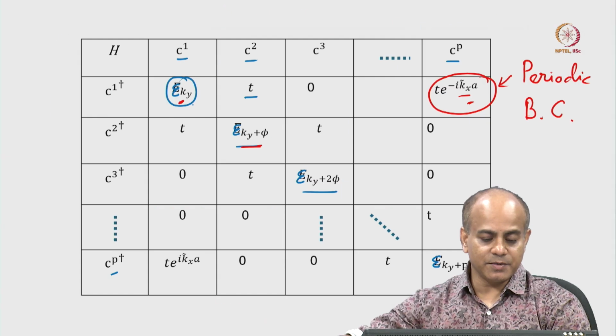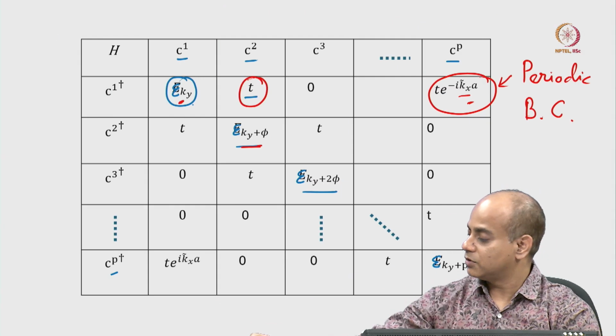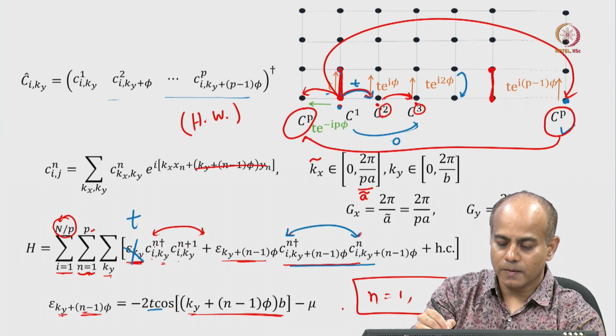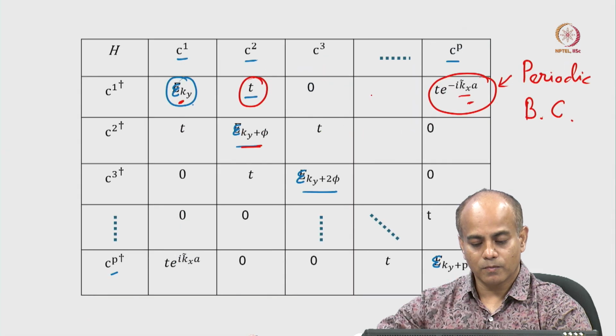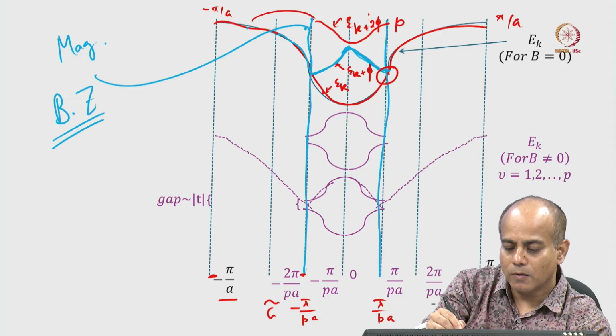But there is a hybridization between them which is due to the hopping between the orbitals, the interorbital hopping, this hopping. What it will do is that it will open a gap.